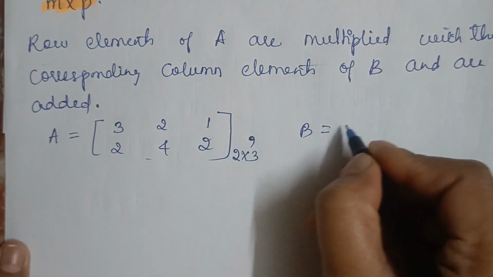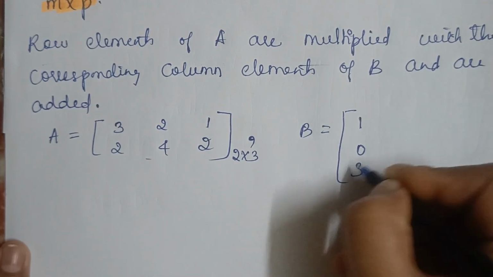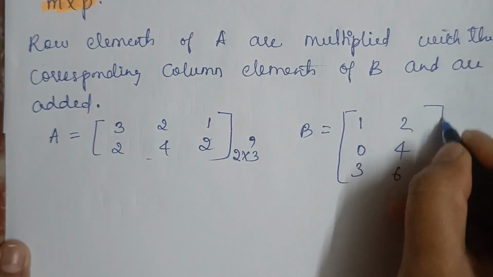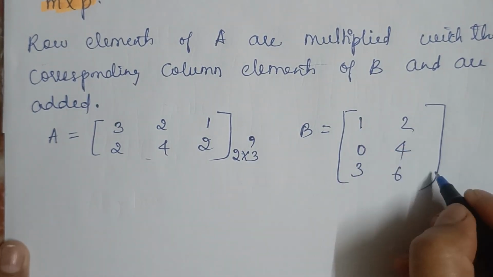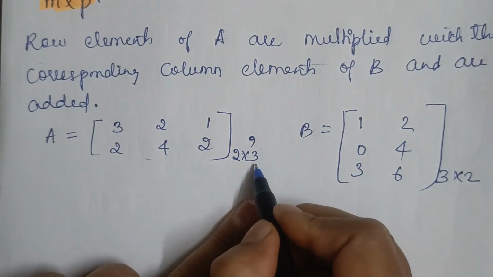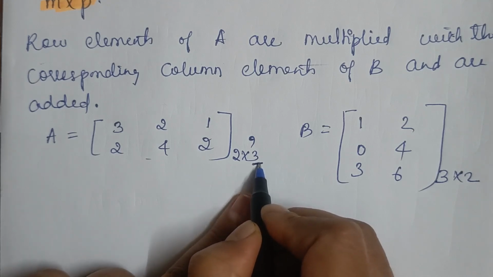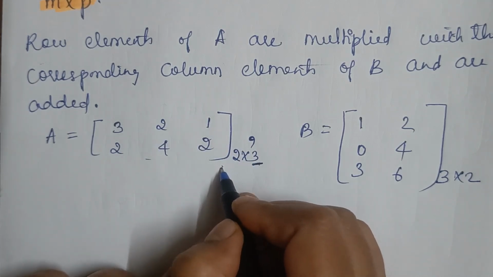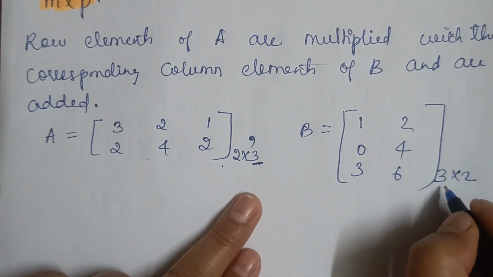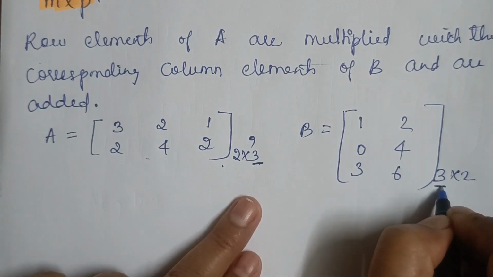And the matrix B I have is 1, 0, 3, 2, 4, 6. So rows are 3 and columns are 2. So here the number of columns in the first matrix is equal to the number of rows in the second matrix. Correct?